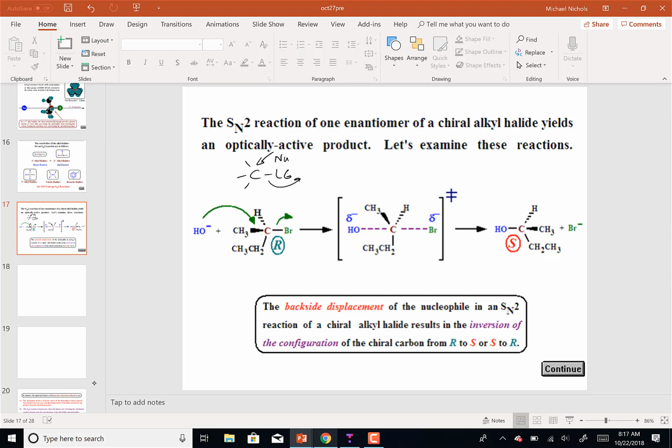But what definitely changes is the configuration goes from R to S, because the chiral center is being inverted. All the groups that were pointed to the left are now pointed to the right. So if I did this, this would be numbers 1, 4, 3, and 2. 4 is away from me, so going from 1 to 2 to 3 is counterclockwise. Whereas over here, it's 4, it's 1, it's 2, it's 3, so going from 1 to 2 to 3 is clockwise.